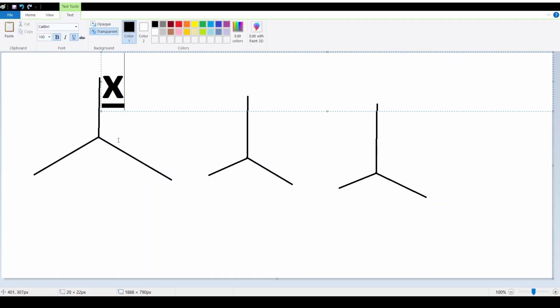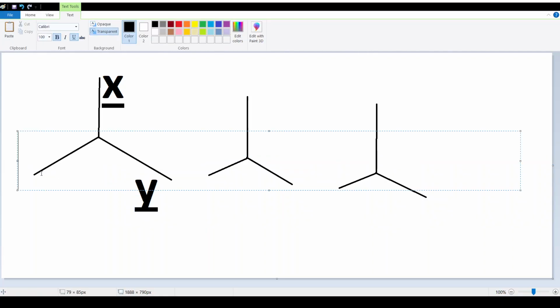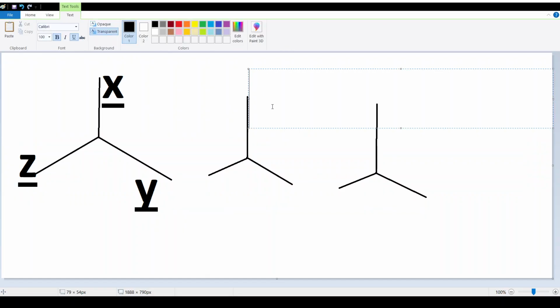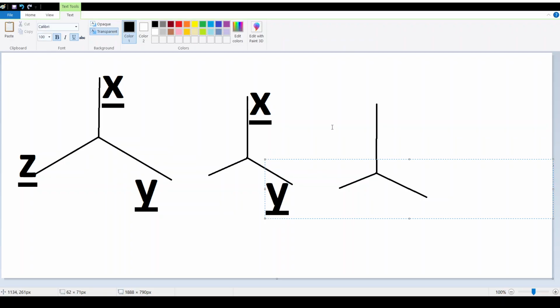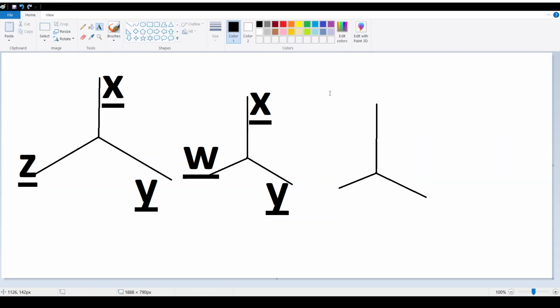X, Y, Z, but then we could consider it also like this. X, Y, W, with W being a fourth dimension.